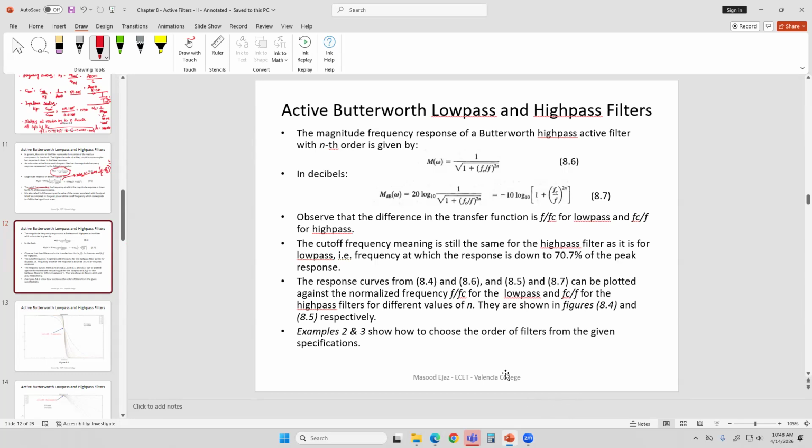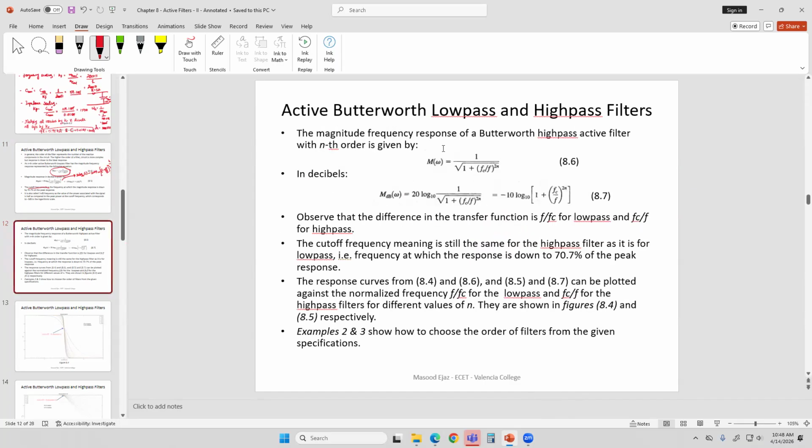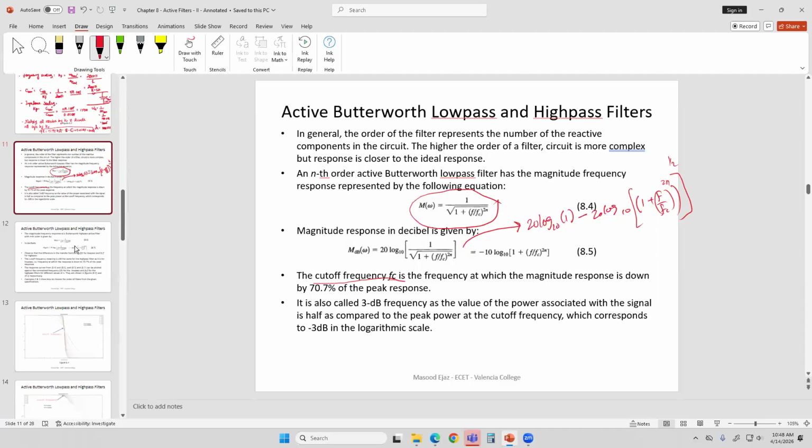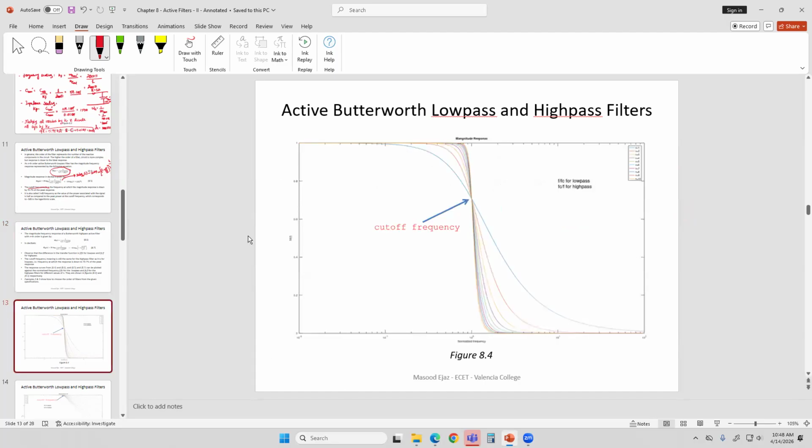When you plot the magnitude response from 8.4 for the low pass filter, or from 8.6 for the high pass filter, assuming f over fc or fc over f is a variable x, whatever you want to call it, you are going to get something like this.